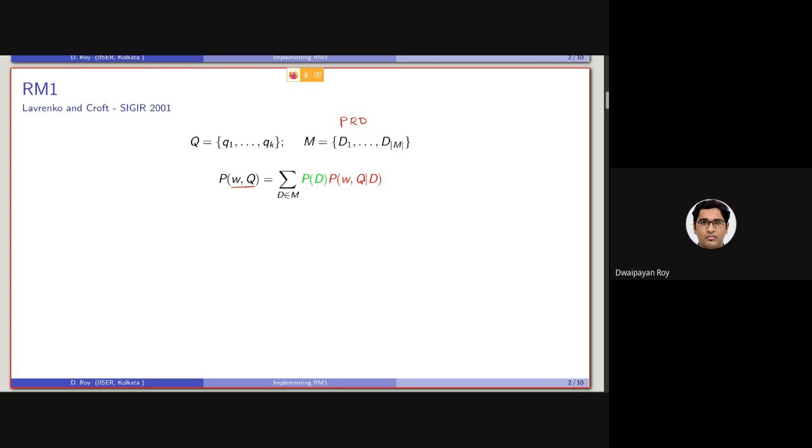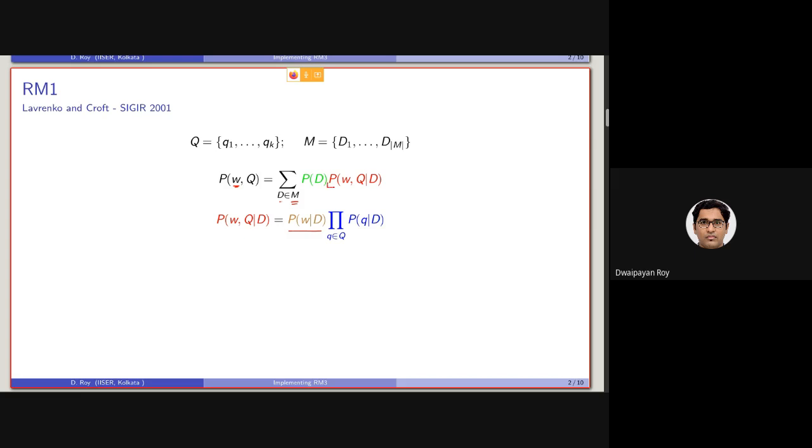Here, we considered all the documents in the pseudo-relevant document set, and computed the probability of generation of that term from that document, into the probability of the individual query terms being generated from the document.